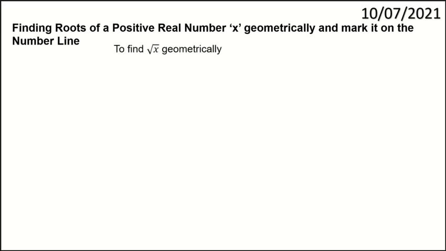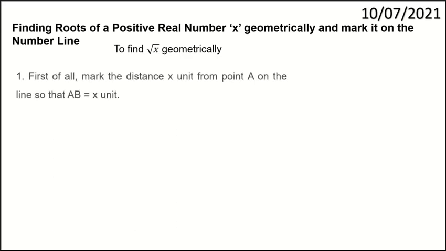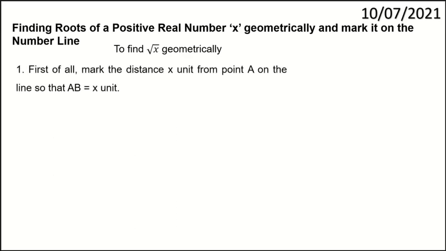To do this, first of all we need to mark the distance of x units, let's say from point A on the number line, so that AB is x units.